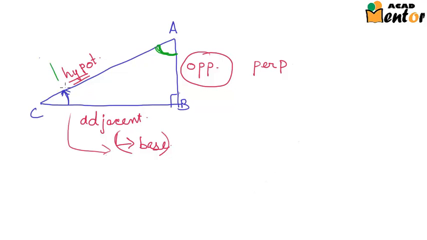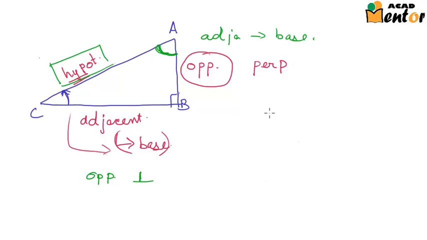In the same triangle, if we look at it from the perspective of angle A, the hypotenuse remains the same, it doesn't change. Here the opposite side is this and this is the adjacent side. The adjacent side forms the base, hence AB is the base here, while the opposite side is the perpendicular.